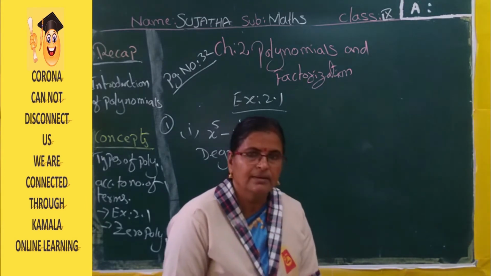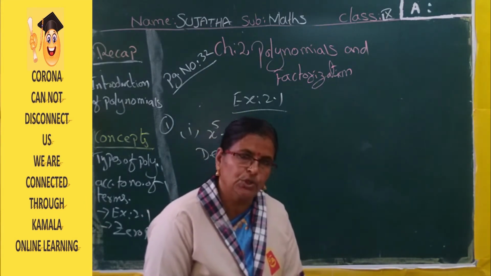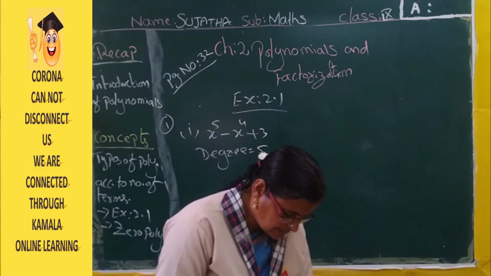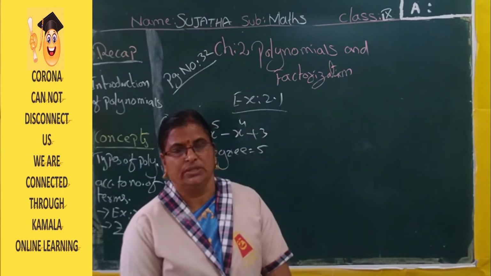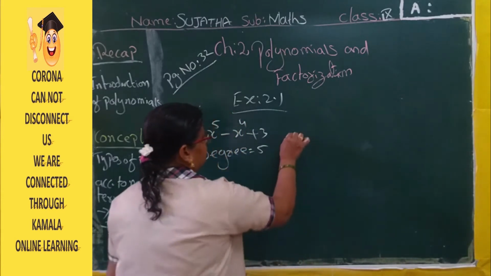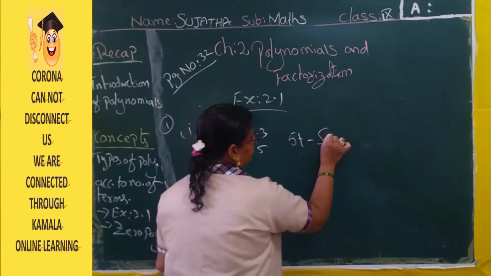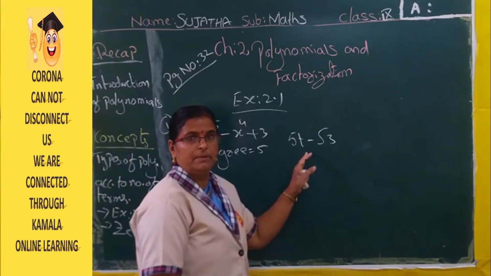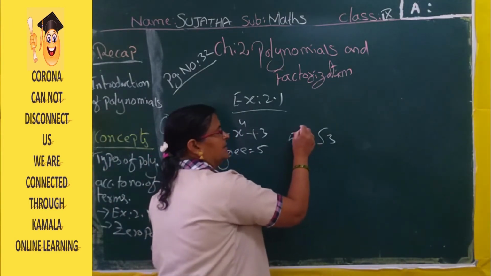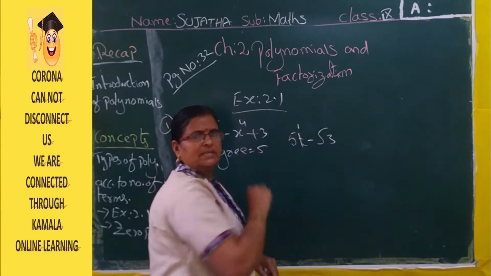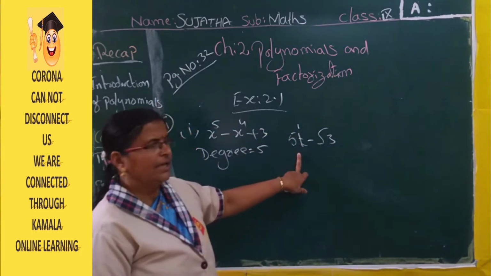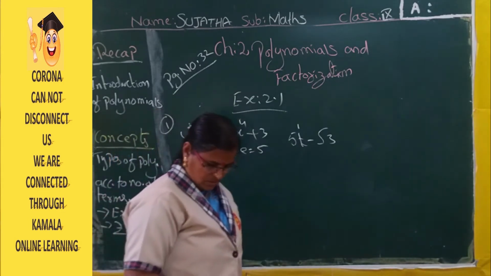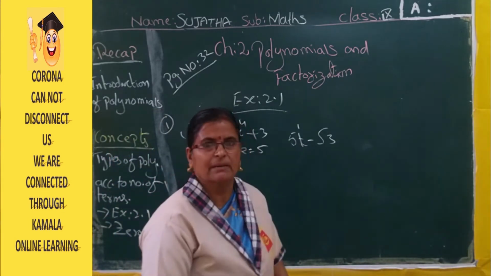Fifth one, y has power 2, so the degree is 2. Sixth one, 5t minus root 3. T is a variable; when there is no power written, the power is always 1. So the degree of this polynomial is 1. Okay? Now the first bit is completed.